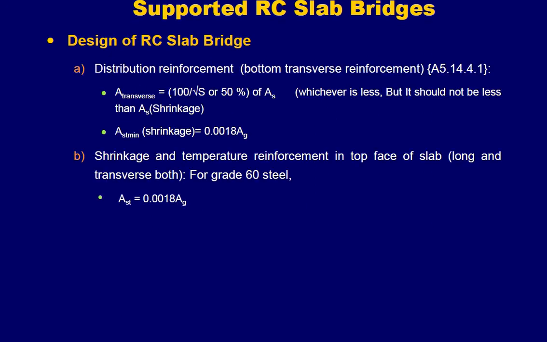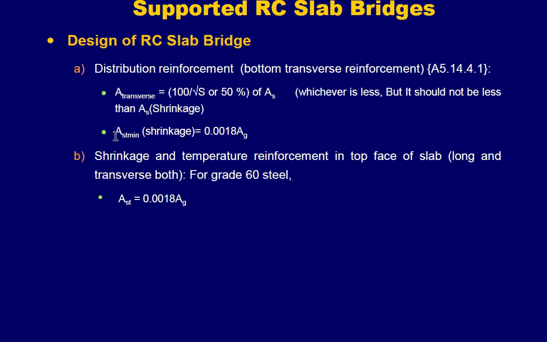After getting the maximum moment, you go to the design of distribution reinforcement, the bottom transverse reinforcement. ACI says the area of transverse reinforcement is equal to 100 divided by the square root of S, or 50% of the area of main steel, whichever is less, but it should not be less than the shrinkage reinforcement area.